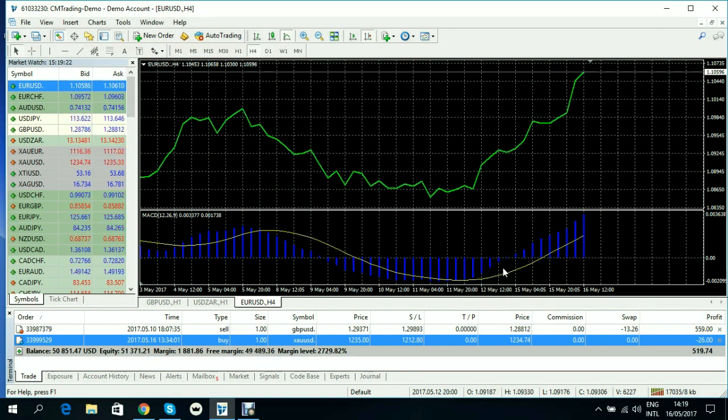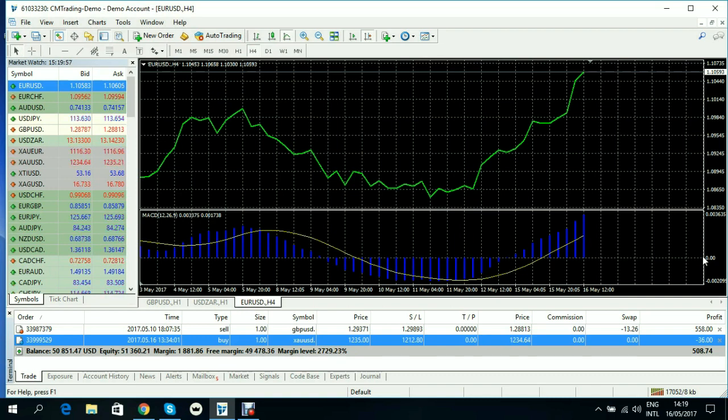Now, how do we use MACD? It's important that we understand how to use MACD. The MACD has a setup.